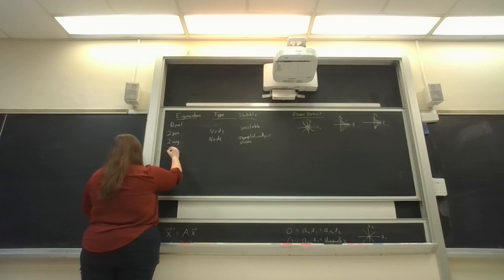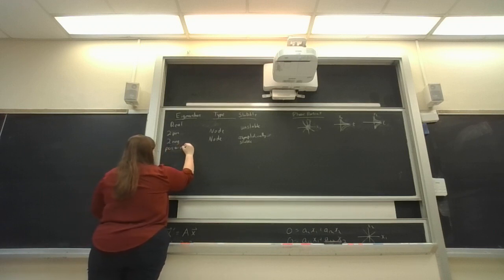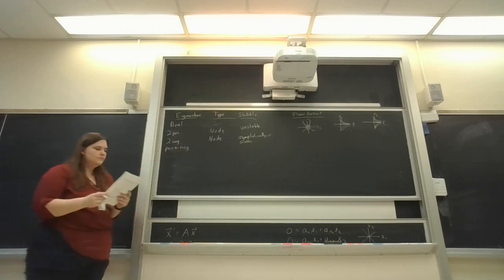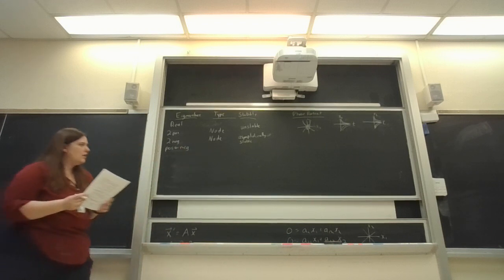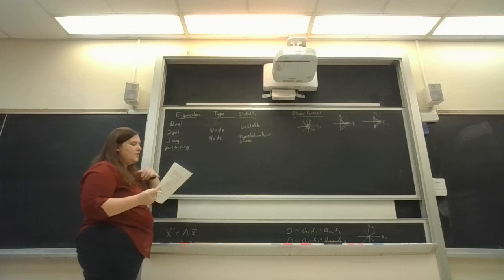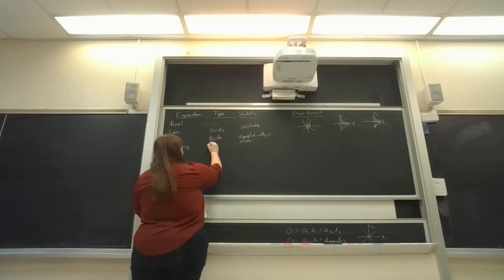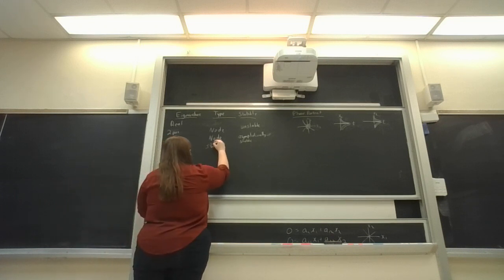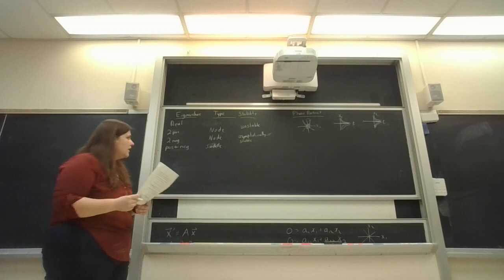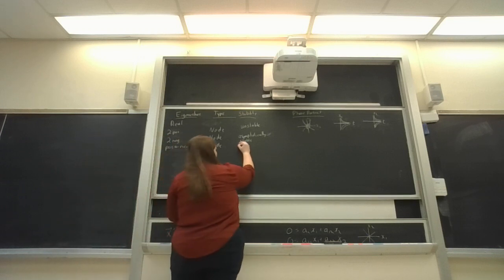Then we could also have one positive and one negative. If we have one positive and one negative, we're going to call this equilibrium value a saddle point. And it's going to be unstable.